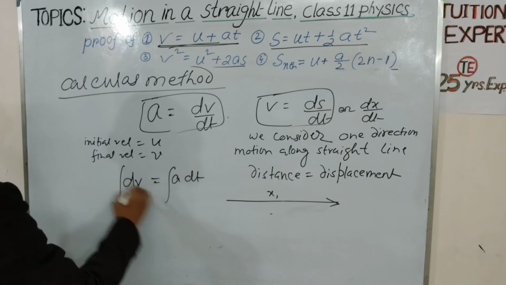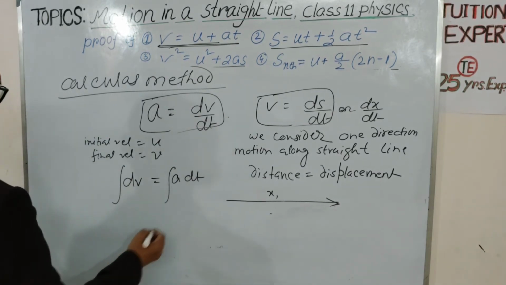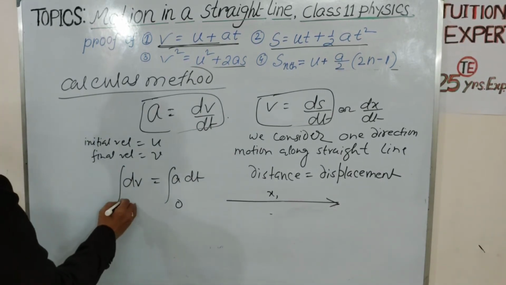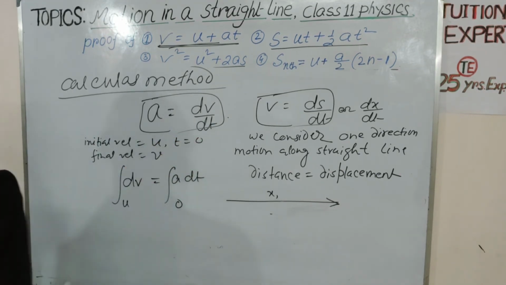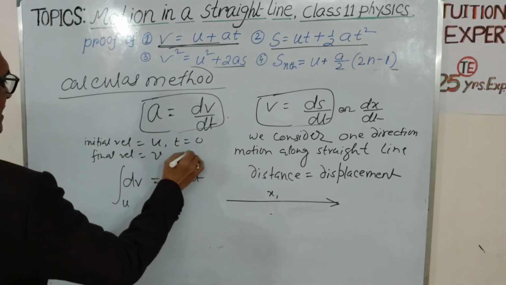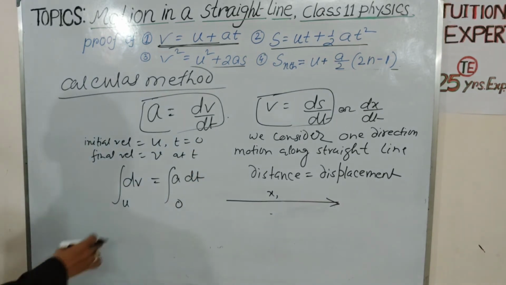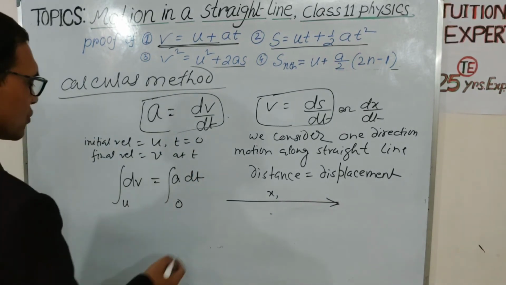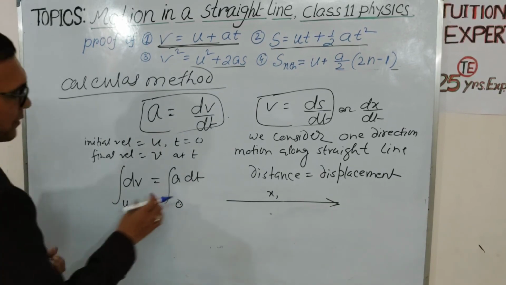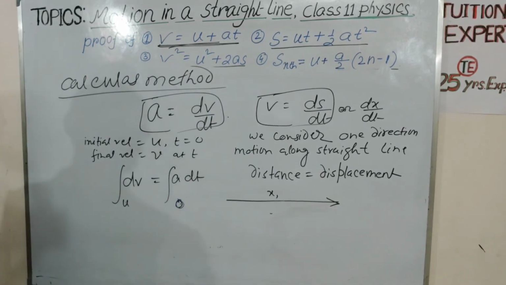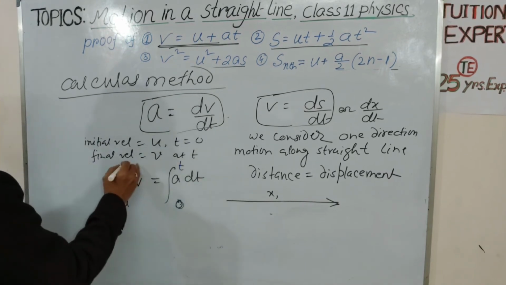Now if we integrate this, when time is 0, the velocity is u, the initial velocity, and when time is t, the velocity is v.